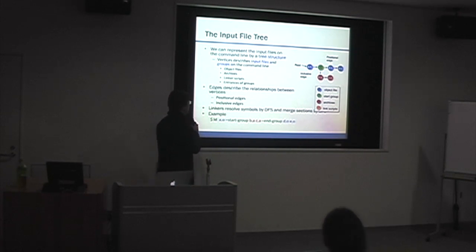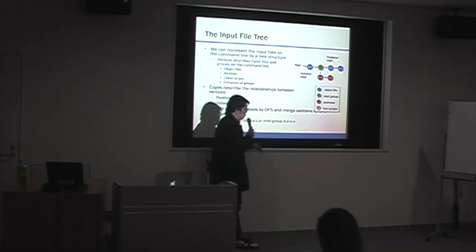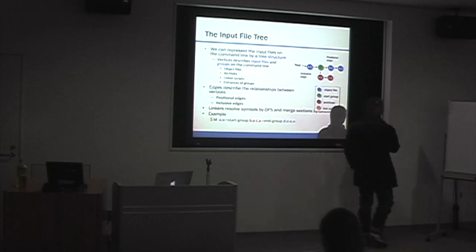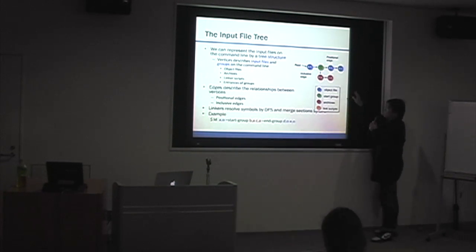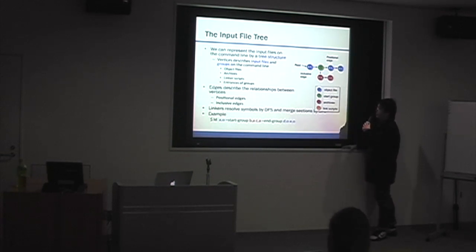Take this for example. In this linker command line, the input file tree is like that. We can see in this tree, every vertex is an object file, an archive, or a group. And there are two kinds of relationship. One is positional. Take this list for example.